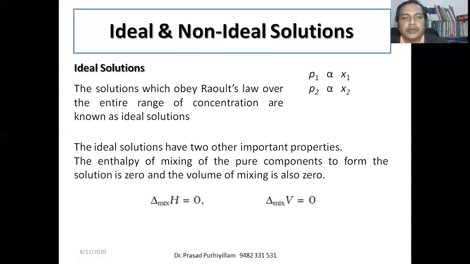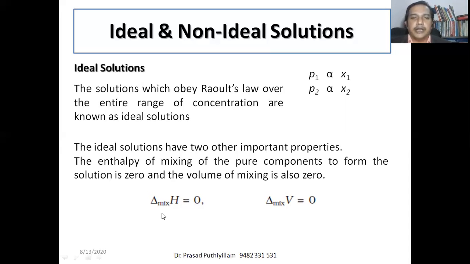That means when two or more liquids are mixed to prepare an ideal solution, there will be no liberation of heat as well as no absorption of heat. That is the meaning of delta H mix equal to 0.